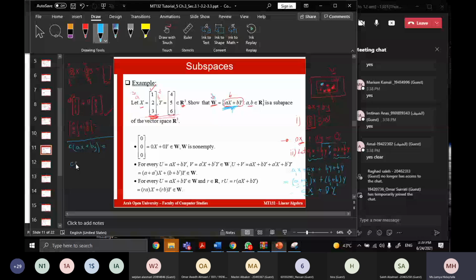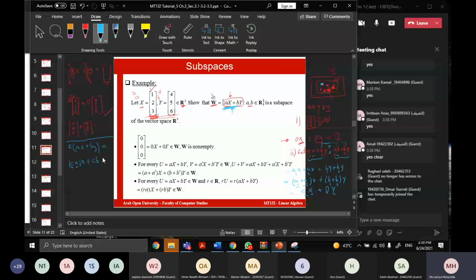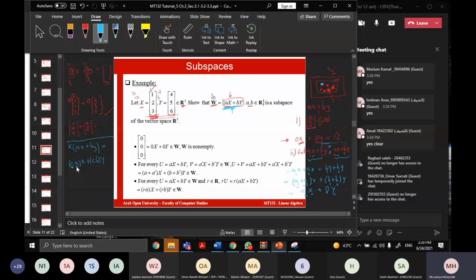So this one is equal to C times A times X, because this is a number and this is a number and X is a vector, plus C times B times Y. But a number times a number gives me a real number, correct?